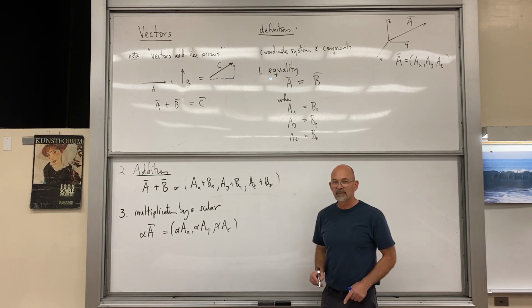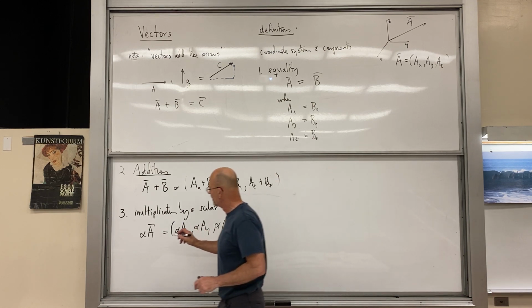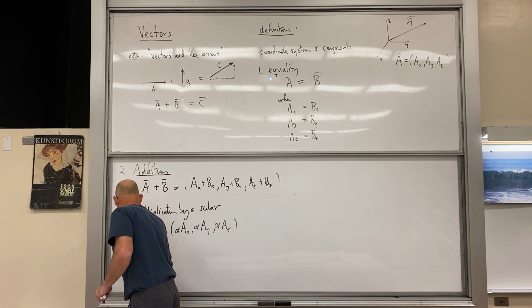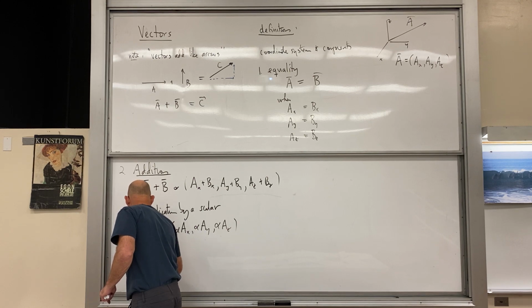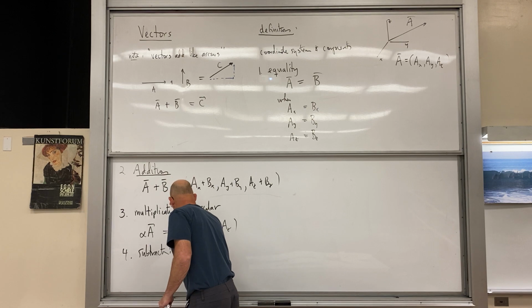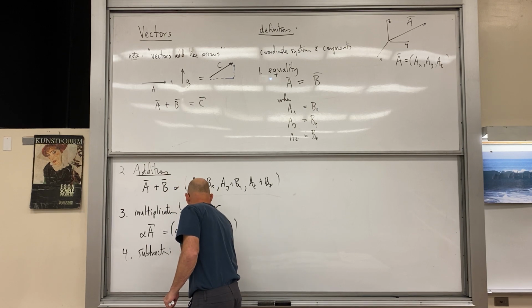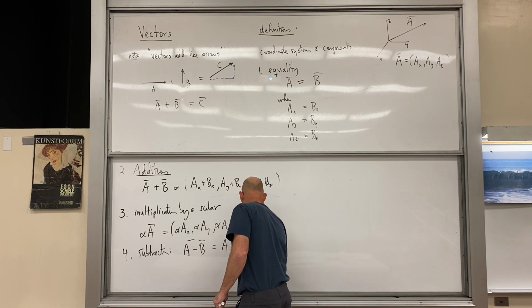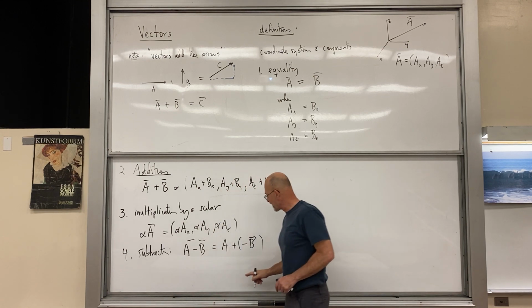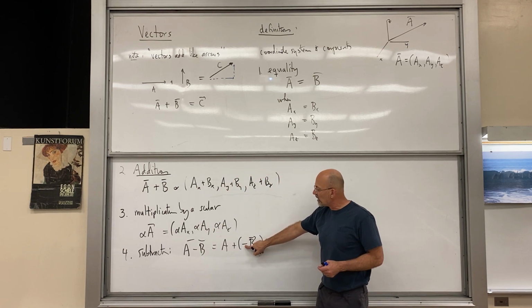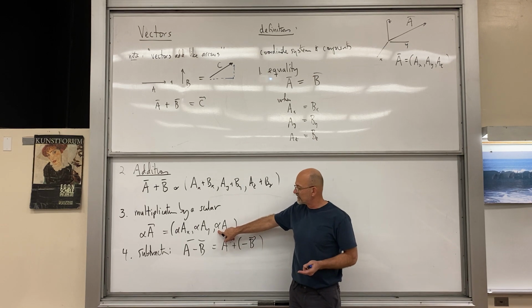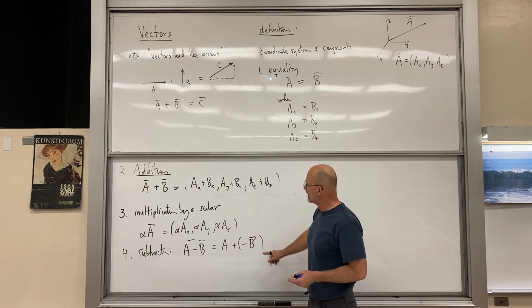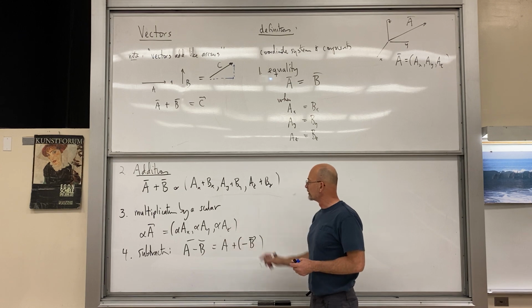And now if I want to talk about subtraction, A minus B, I have A minus B equals A plus negative B, where of course my minus 1 is one of those scalars that I just said I would do, using alpha A, multiplication by a scalar. We have subtraction.